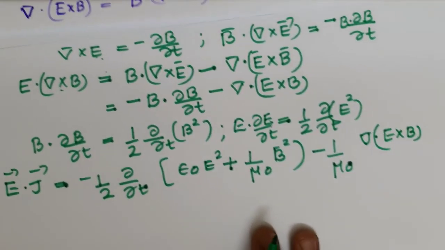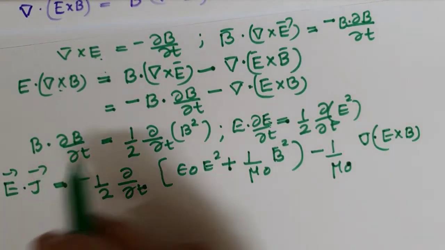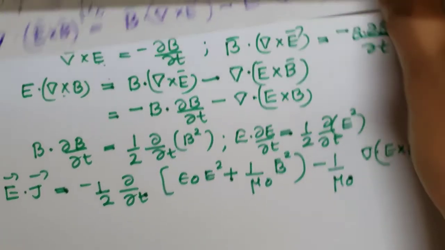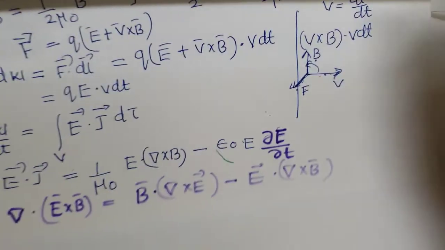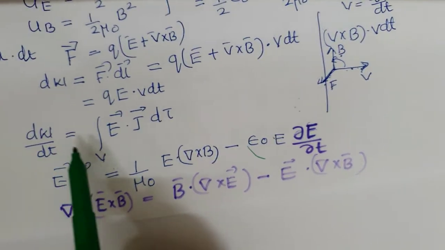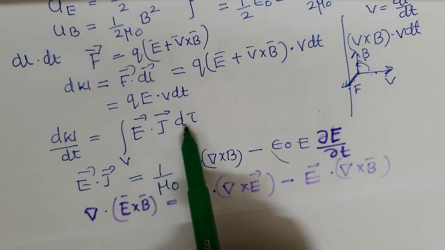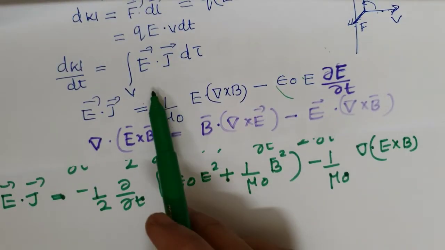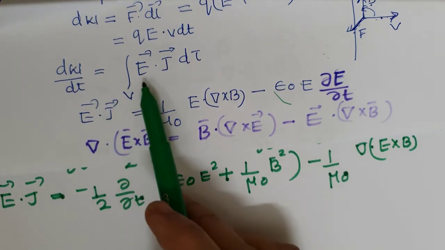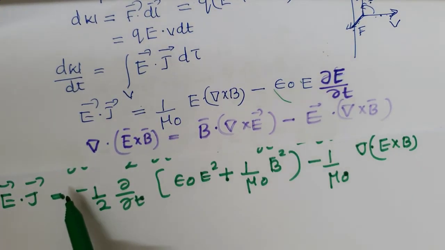So we are here in the second term. This E dot J we can substitute into this equation, that is dW by dt is equal to the volume integral of E dot J dτ. Here we are substituting the value of E dot J from this equation.